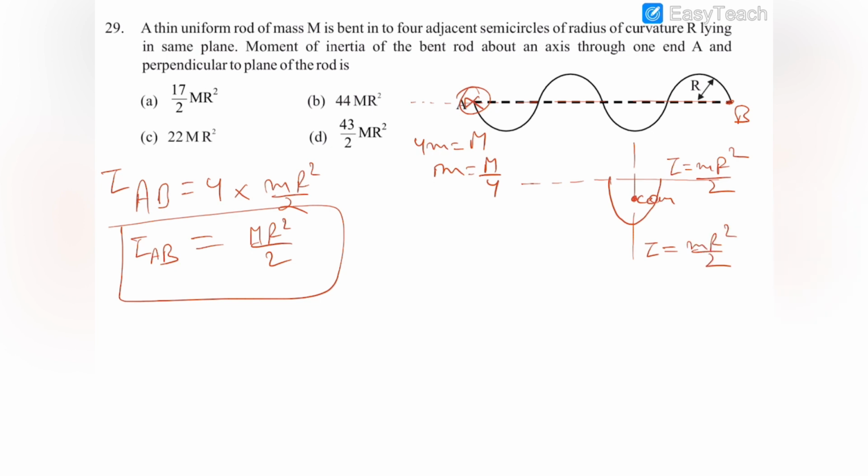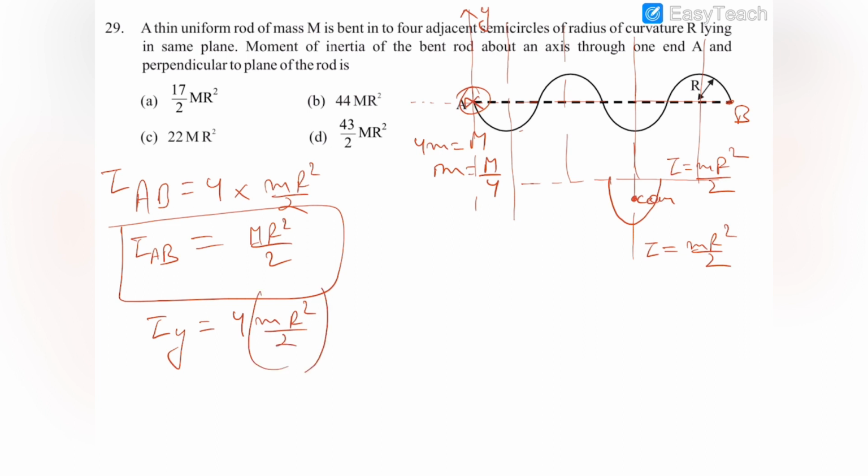So for the first ring, the MOI along this axis, let us name it the y-axis, I along the y-axis would be mr square by 2. So we are writing it down for the complete 4 rings. Let us write down ICOM for the 4 rings, which is 4 times mr square by 2.